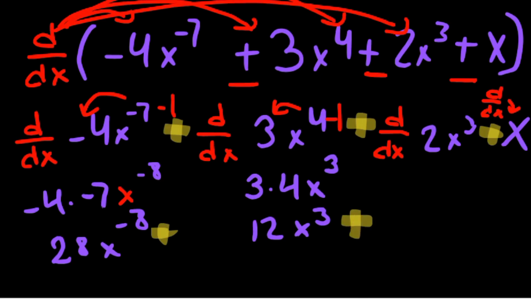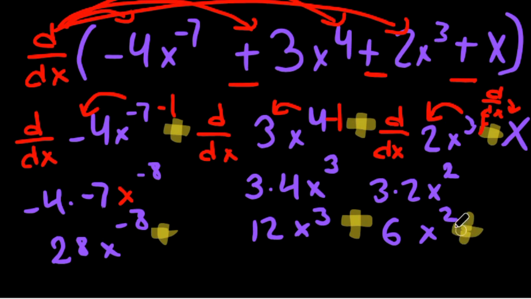And of course, we add the derivative of 2x cubed. 3 hops down, minus 1. So we shall get 3 times 2x, and then 3 minus 1 is 2. So 2 times 3 is 6. 6x squared is going to be our derivative.